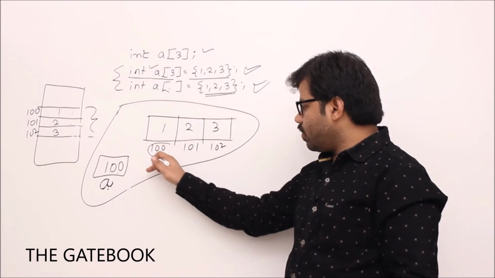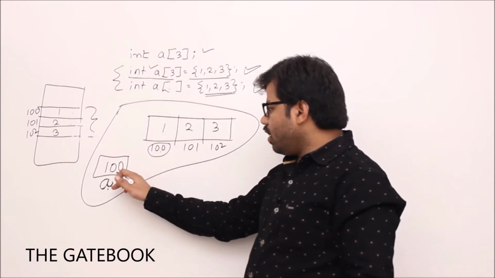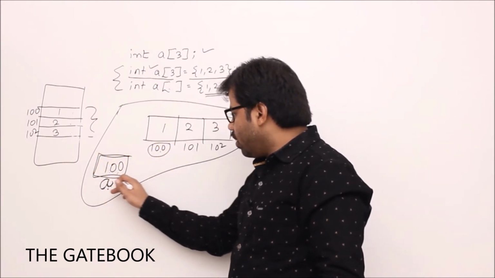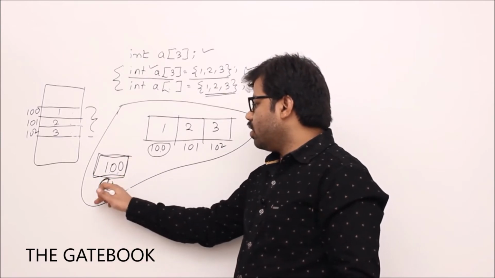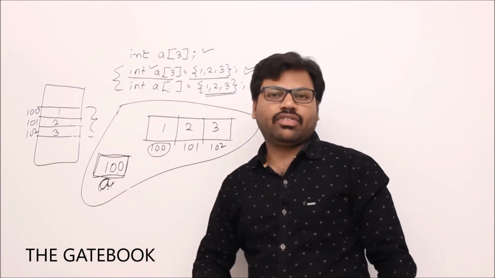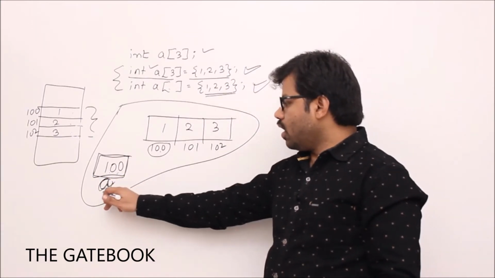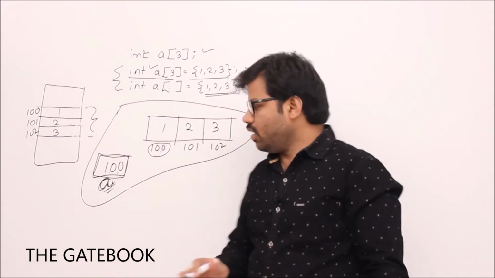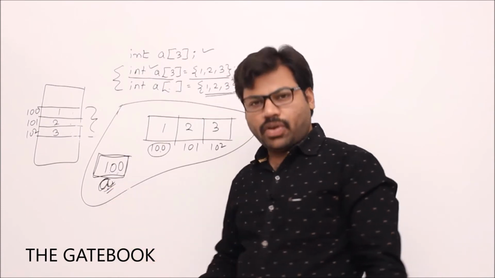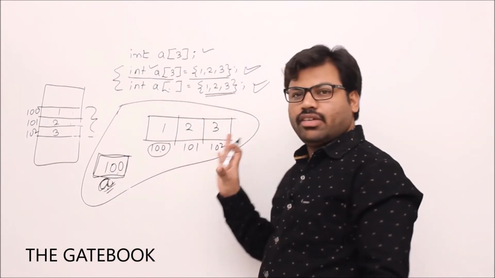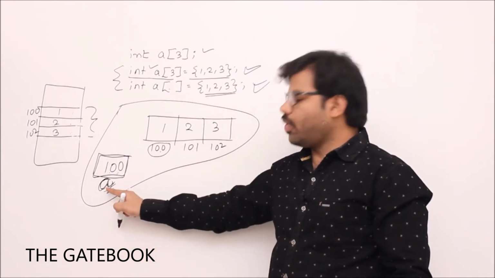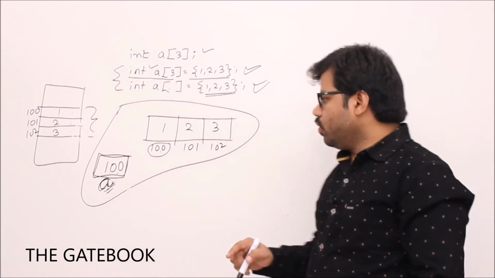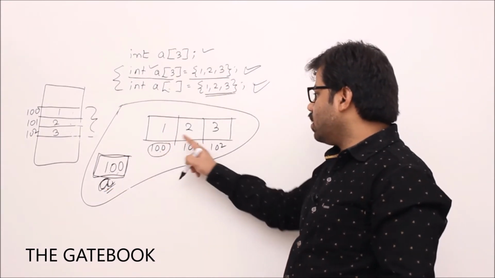Since the starting address of this array is 100, that will be stored in one memory box, and one special variable will be allocated for it. That means from now onwards, a is an integer pointer. Of course, a is an array for us, but there is an integer pointer called a. Now using that, we can access these positions.